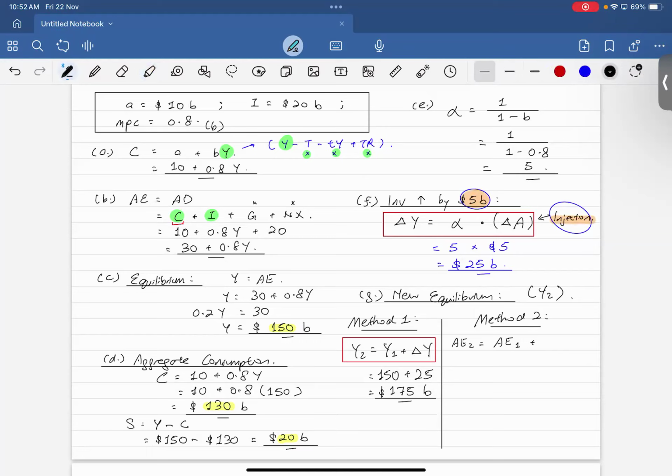So we add on the change in investment. AE1 just now is 30 plus 0.8Y, plus the 5 billion. So it's 35 plus 0.8Y.